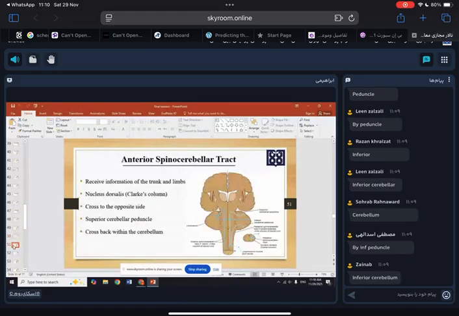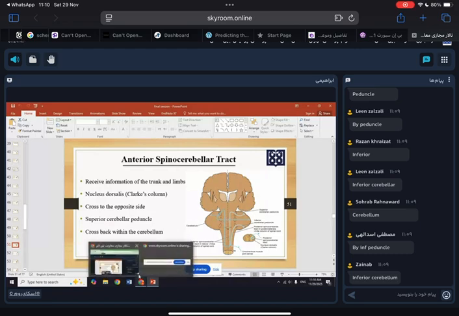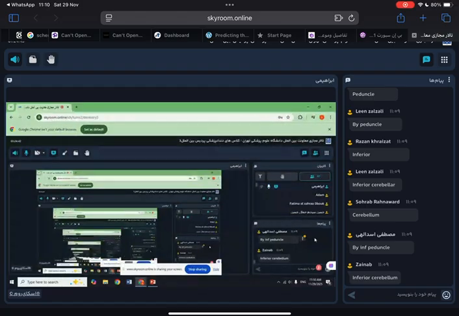We go to anterior spinocerebellar. Look here, the information came to the spinal cord, passes and goes to the other side, and ascends to the midbrain. How does the midbrain connect to the cerebellum?